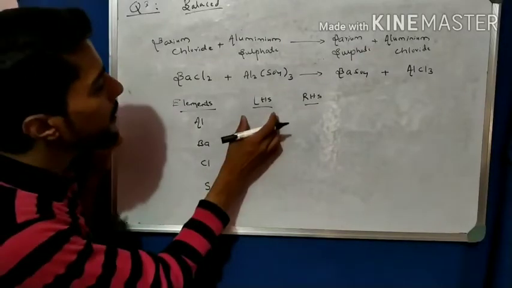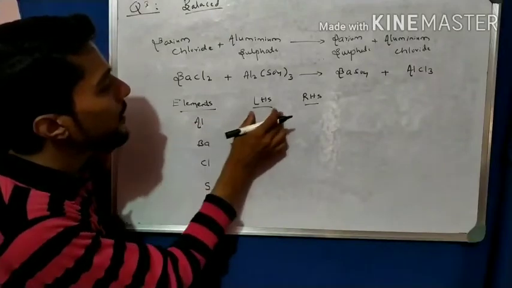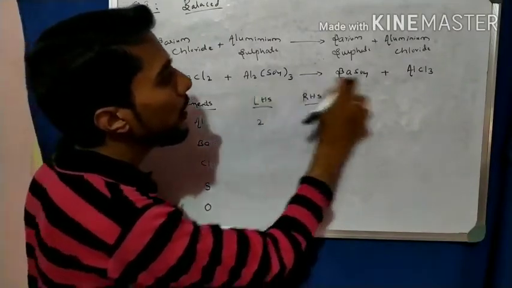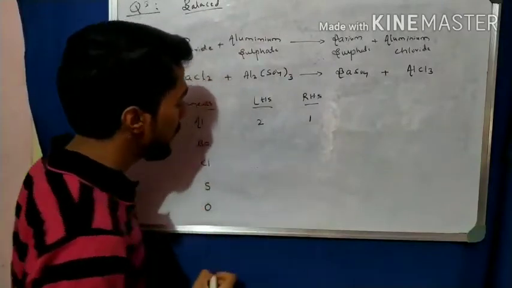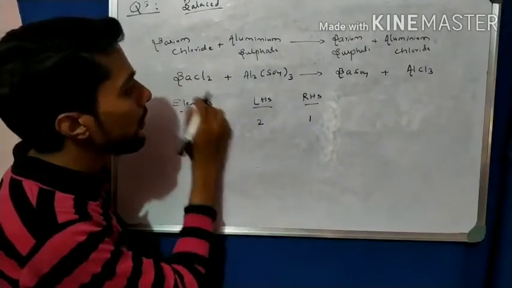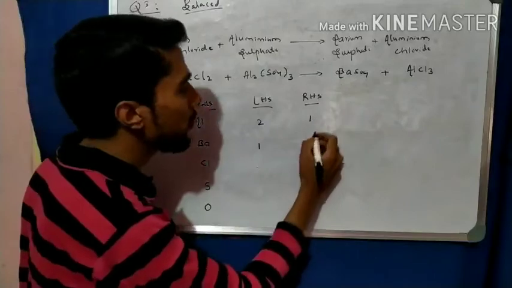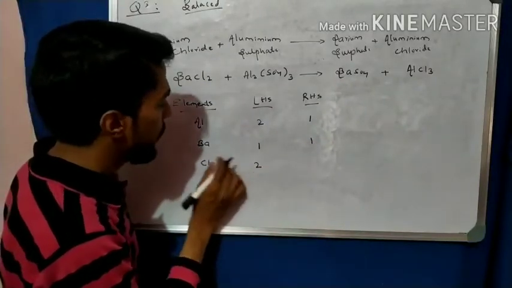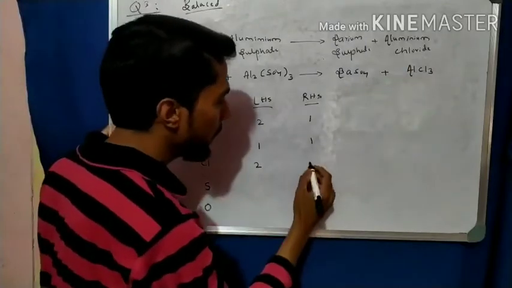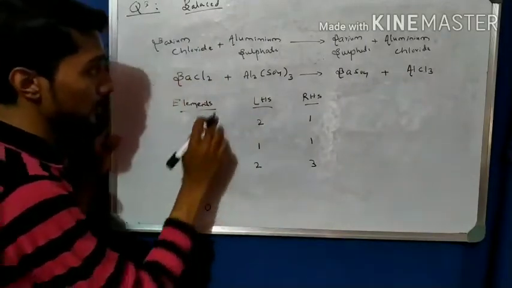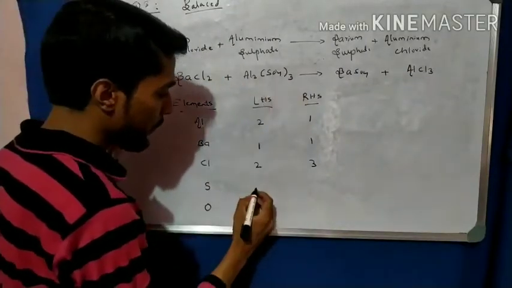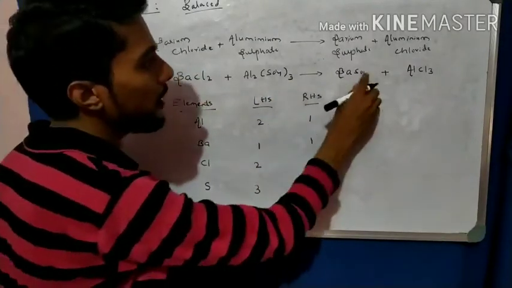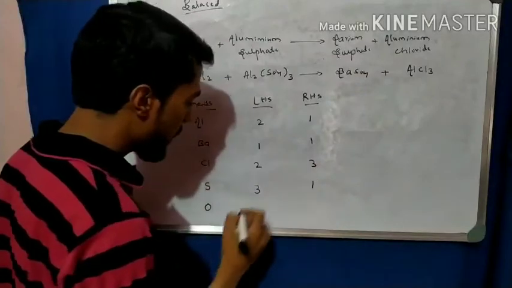Aluminium in LHS is 2, here 1, so unbalanced. Ba is 1 on LHS and 1 on RHS, balanced. Cl here is 2, but on the RHS it is 3, unbalanced. S here is 3, but on this side S is only 1, also unbalanced.